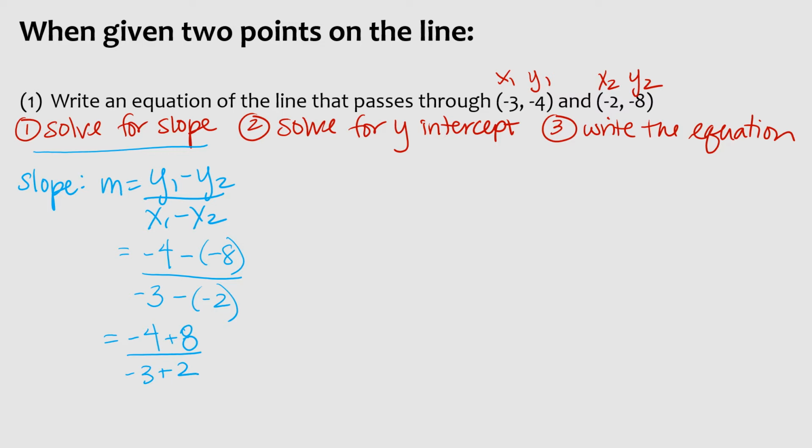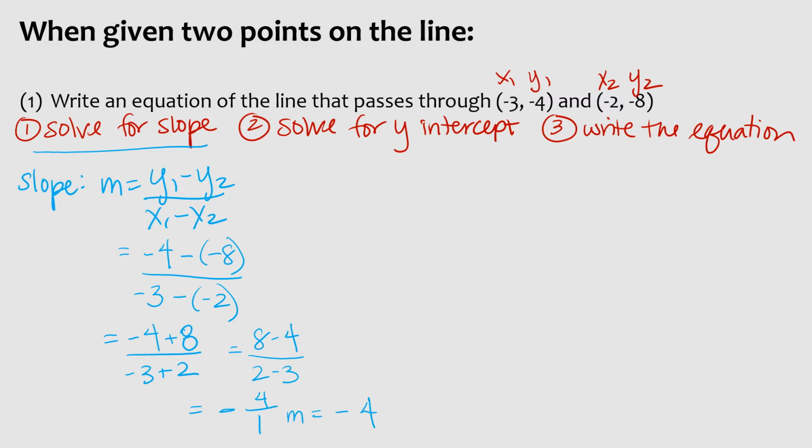If I rearrange this to help me out algebraically, -4 plus 8, that's the same as 8 minus 4, and then this is the same as 2 minus 3. Remember the commutative property? I can just move these around. So that helps me do the math better, and I can see that's just 4 over -1. So I'm going to bring that negative to the side here and say -4 over 1, which is just -4. So my slope is -4.